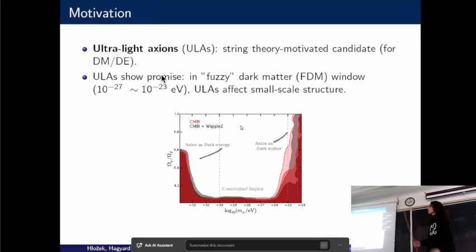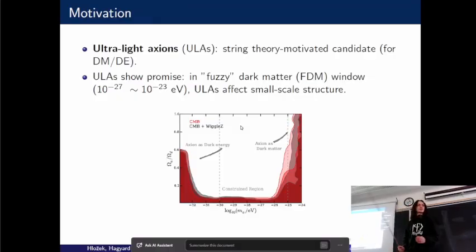So, as you can see in this graph, there's not really a particular mass that ultralight axions occupy. It's possible that there exist many decades of axion masses in what's called the axiverse.